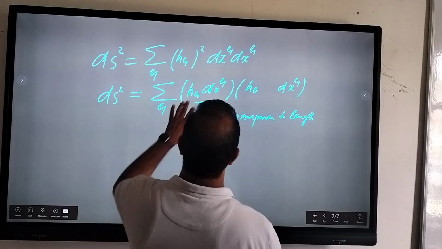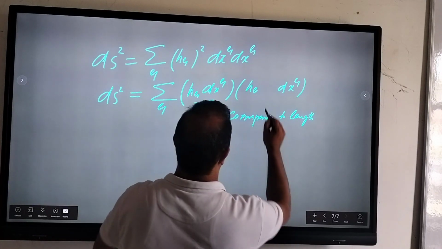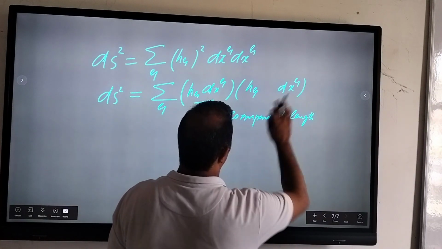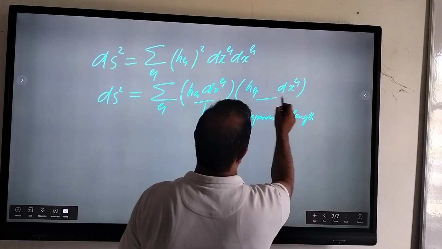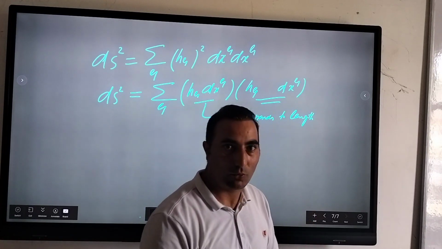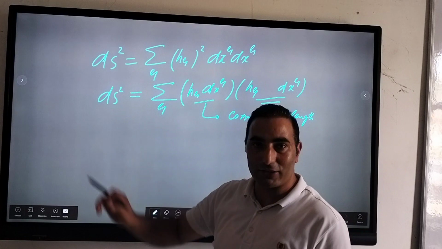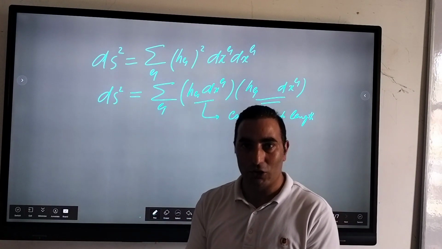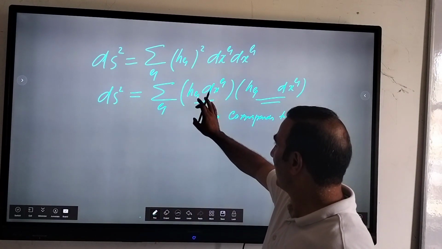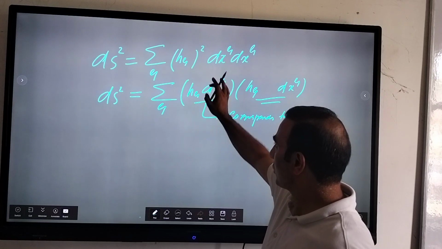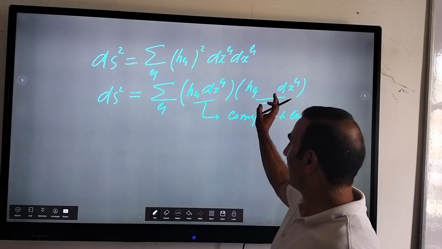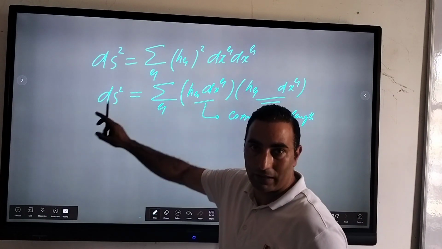That means h mu dx mu, h mu dx mu, this one also corresponds to our length. Why? Because what is ds square? That is the square of the length element. So you are multiplying the length with the length, so this gives the length square, because this is our ds square, right?